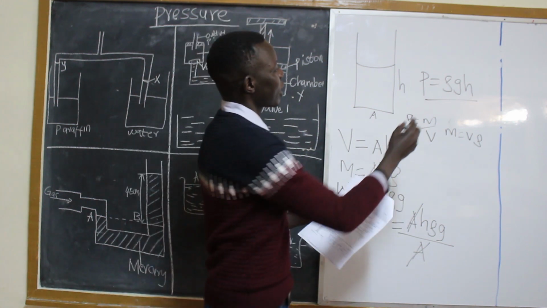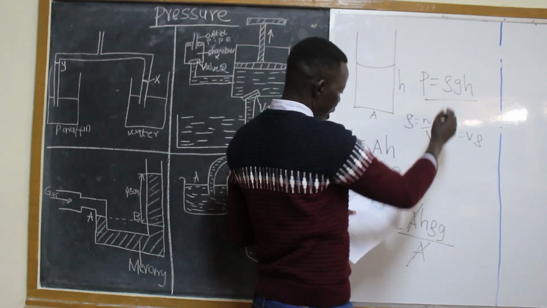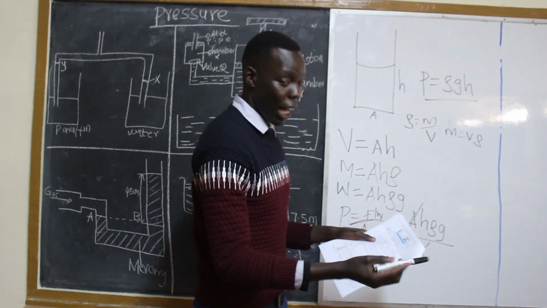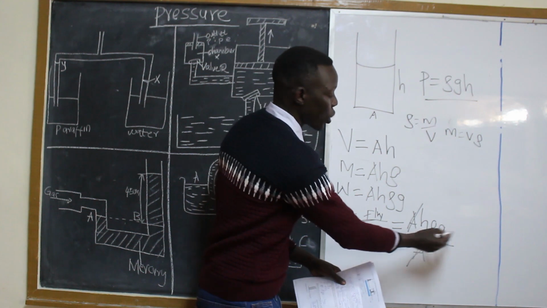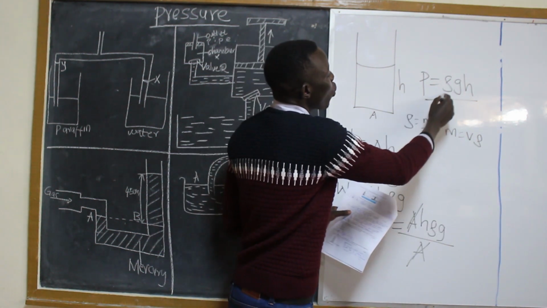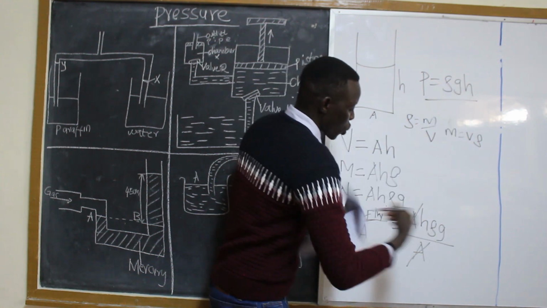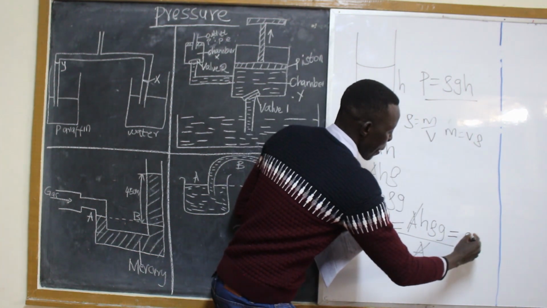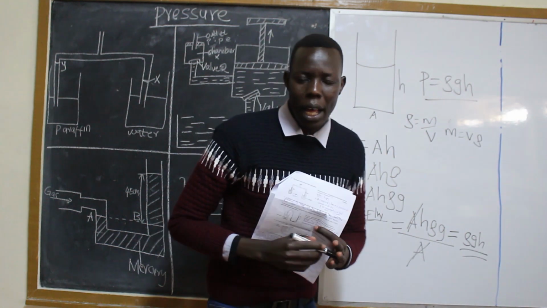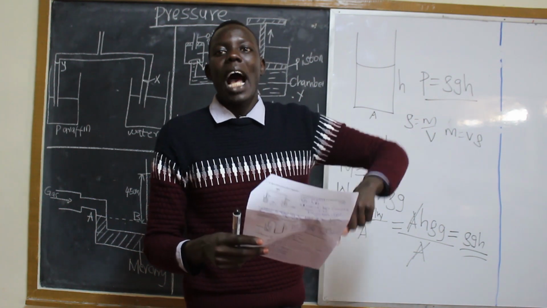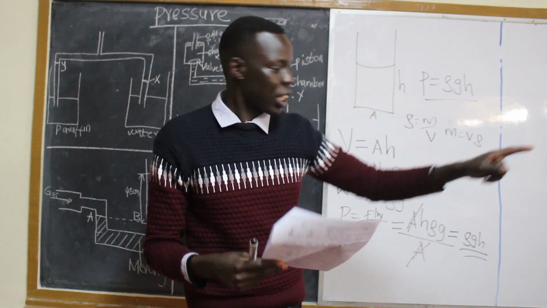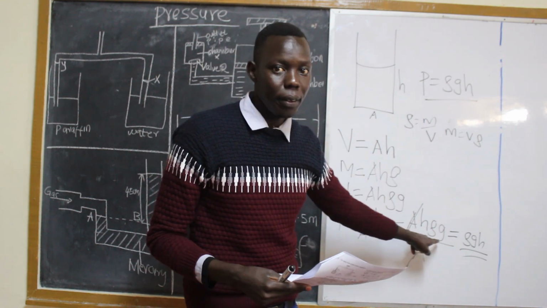If we have been told to show that P is equal to H rho G, then in our question, it says show that pressure is H rho G. If they had said show that pressure is rho G H, you would have to say it is equal to rho G H. So depending on the question, it depends on how the examiner has arranged it. In our case, they have said H rho G. So we stop here. H rho G.